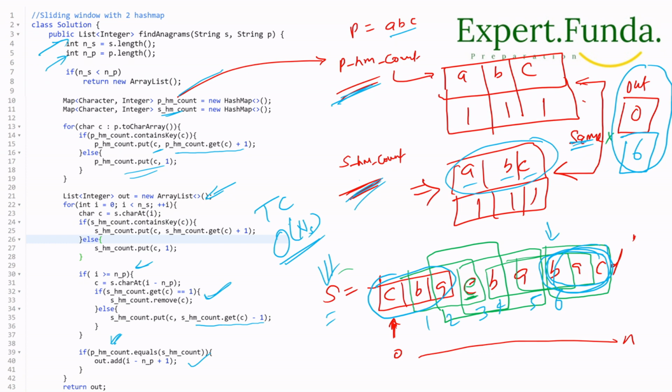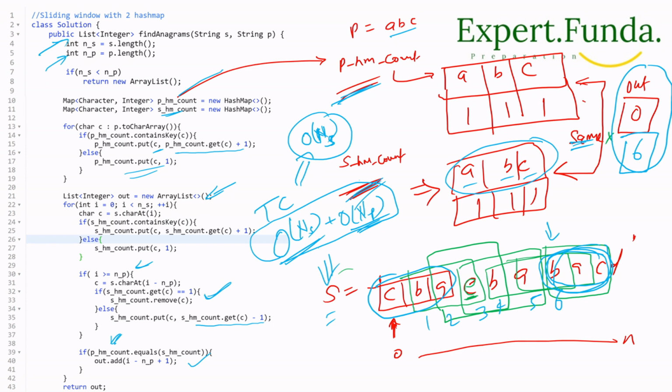So we add this O of n p, and if we do the sum, we get O of n only, the length of s, because n of s is always greater than or equal to n of p. So this will be our output, O of n of s.